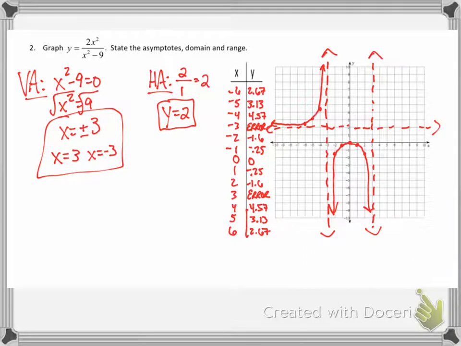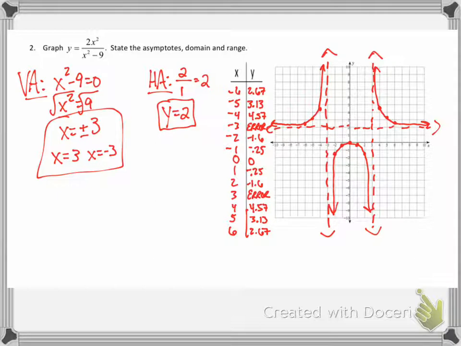And the last part. All right, funky looking graph, but it works.